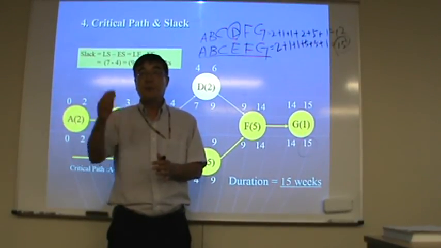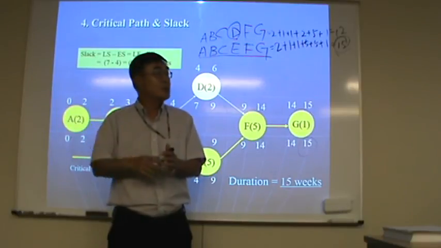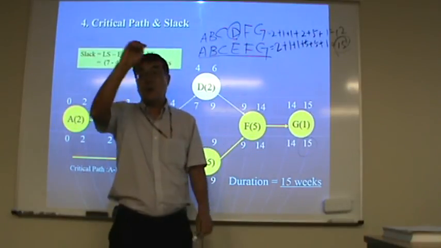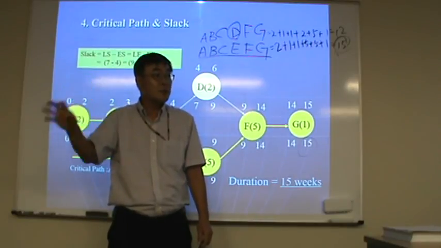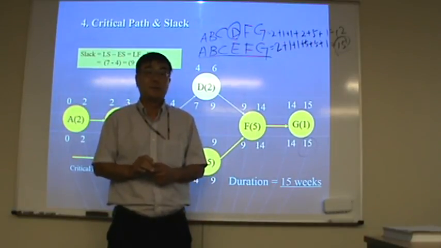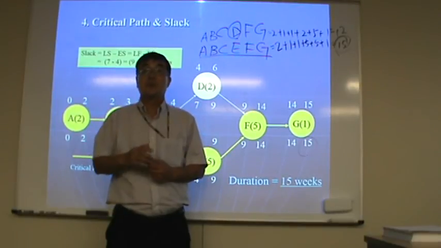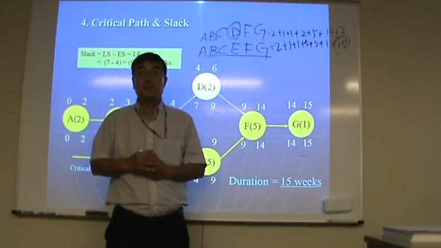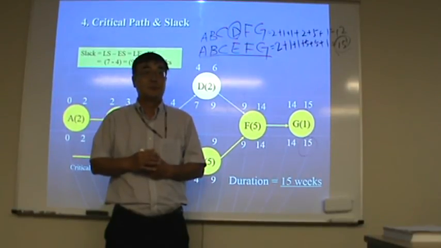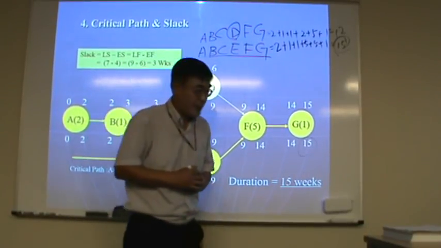Among them, which one is longest? Using this method, add all the activity times, then the longest one is the critical path, and that is the same as the total project time. Questions?